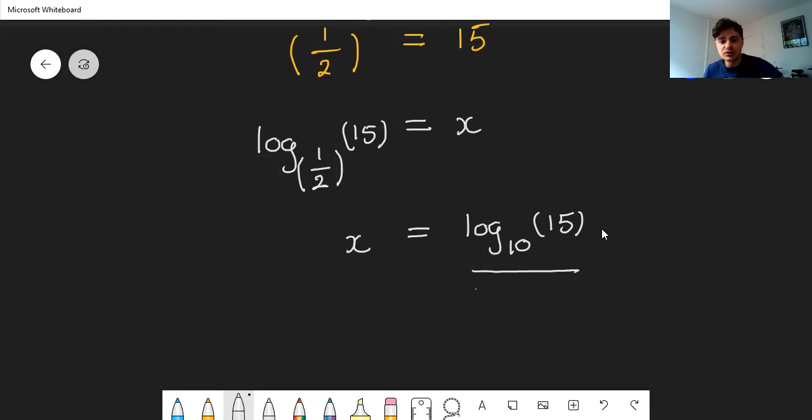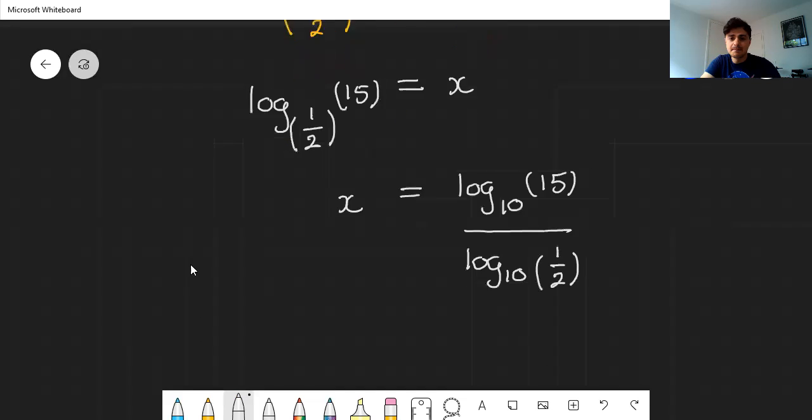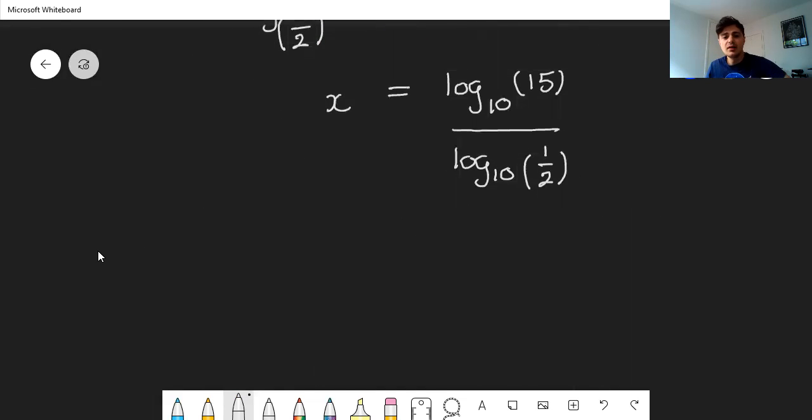And then the bottom fraction will be log to the base 10 of a half, like that. And using your calculator, you can type that directly in. And that number, if you round to 3 decimal places, comes out to negative 3.907.